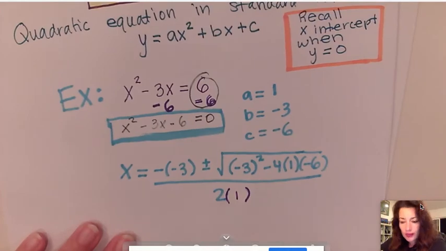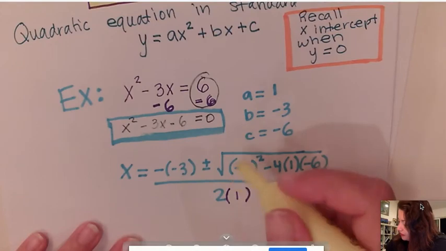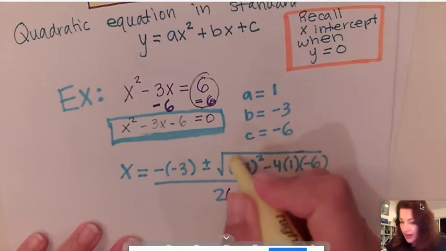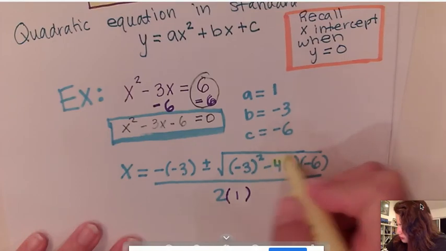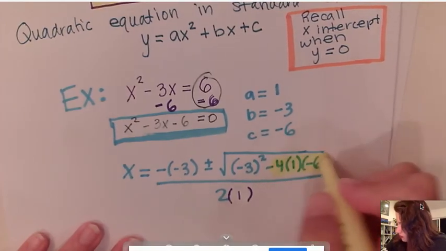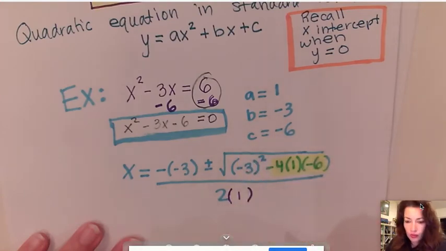All right, so once everything is substituted into your equation, all you need to do is simplify. My recommendation is, of course, use order of operations, but first always simplify inside the square root. I would first simplify these two or three numbers and then combine them under the square root.